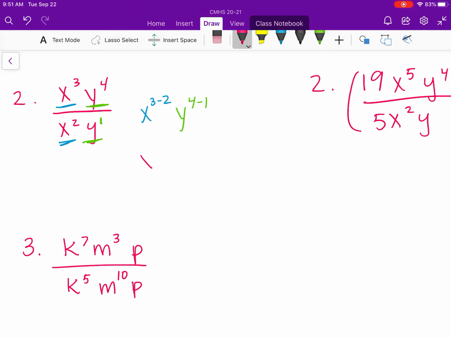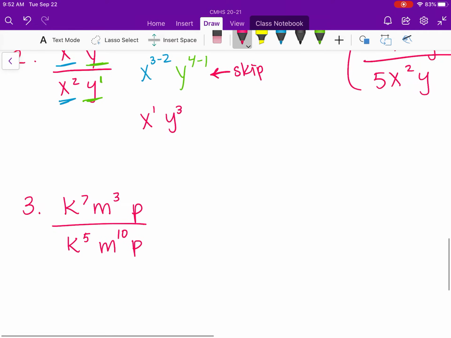So x, 3 minus 2 is 1, and 4 minus 1 is 3. So that's our answer. This little step right here in the middle, if you would like to skip this, you can and just subtract in your head. That's fine.